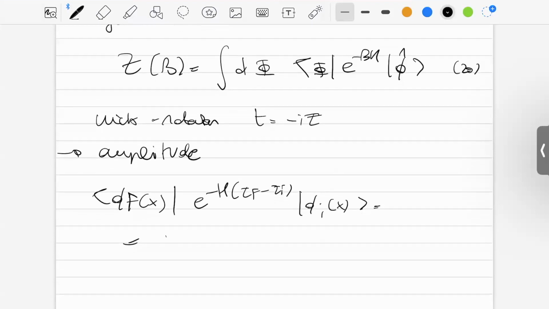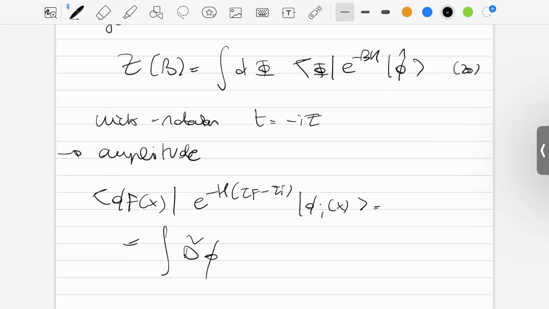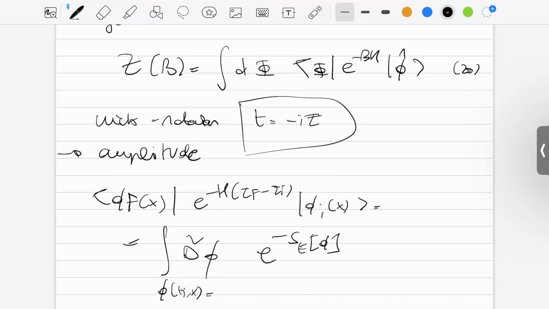Then this just becomes an integral of some measure, which is not necessarily the previous one because we did a Wick rotation, and then e to the minus S_E, where S_E is the Euclidean action, so the action where you have done this transformation. So this is 21.